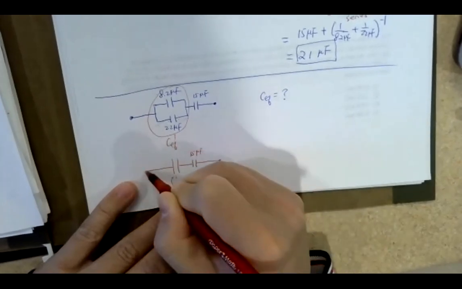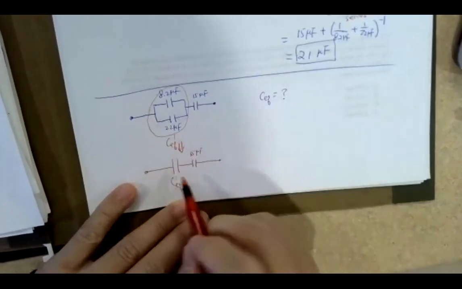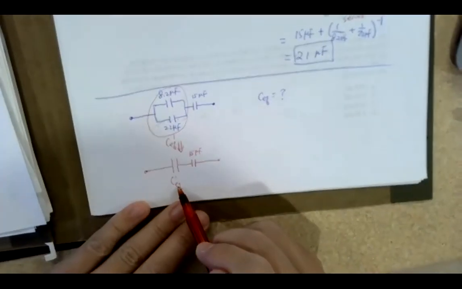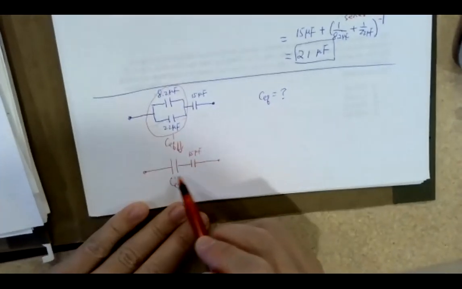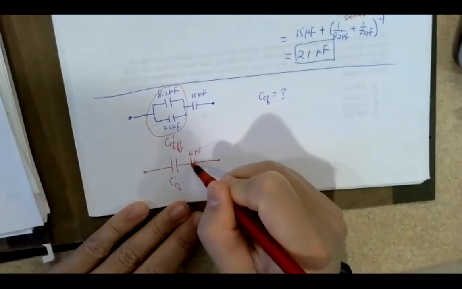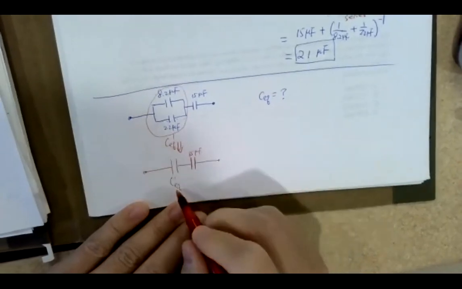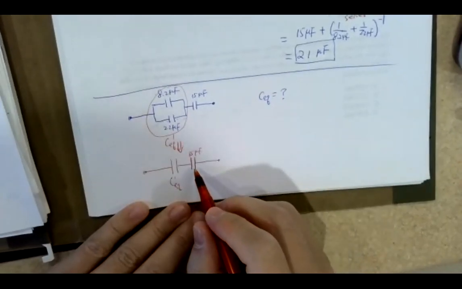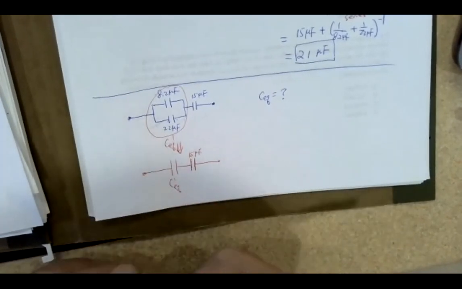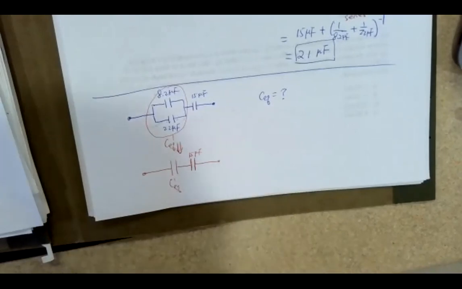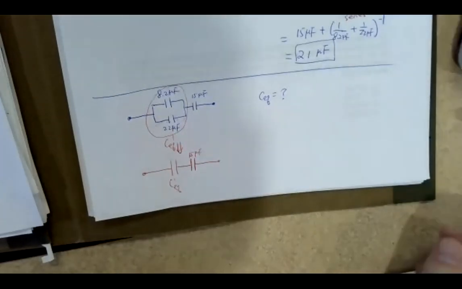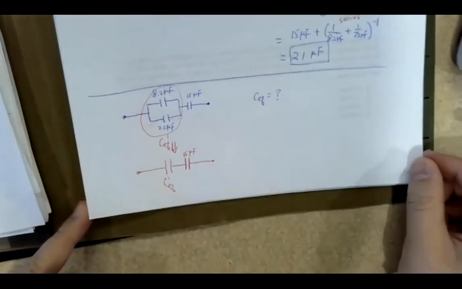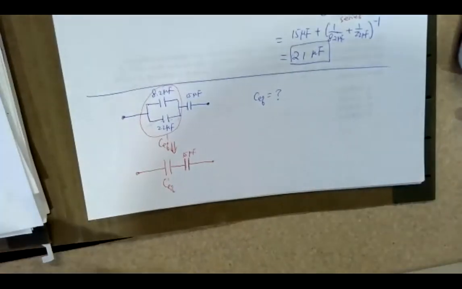So you can calculate this first, and then these two are in series to each other. When they are in series, you do the inverse of this one plus the inverse of that one, and then take the inverse to calculate the CEQ. But you guys can do it after class as an additional exercise.